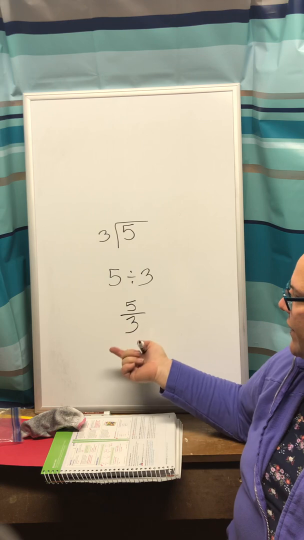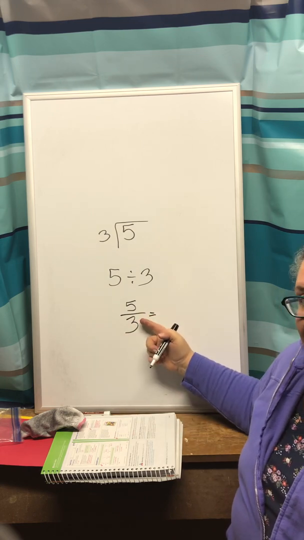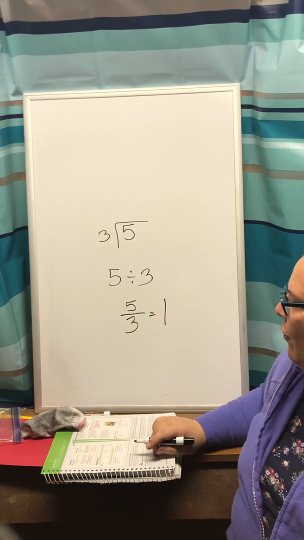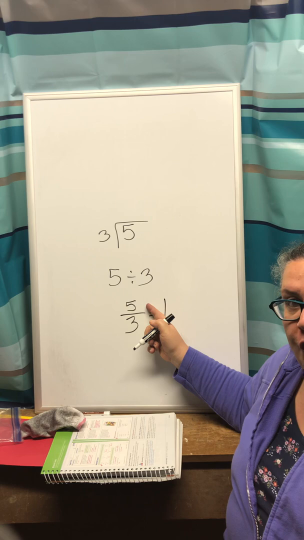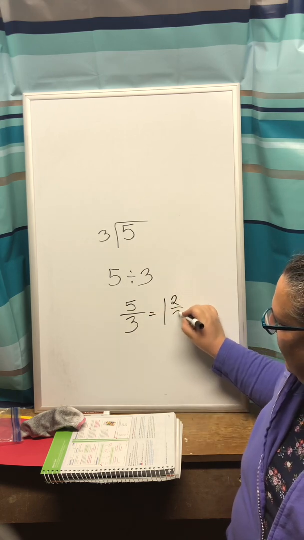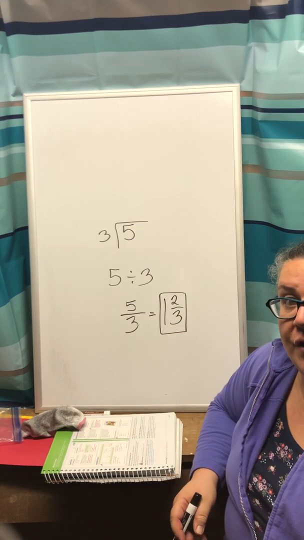When I do the division or I simplify my fraction, I know that I have 1 3 in the number 5. So I have 1, and then I have 2 left out of the 5 once I take the 3 away. So each person gets 1 2/3 bars.